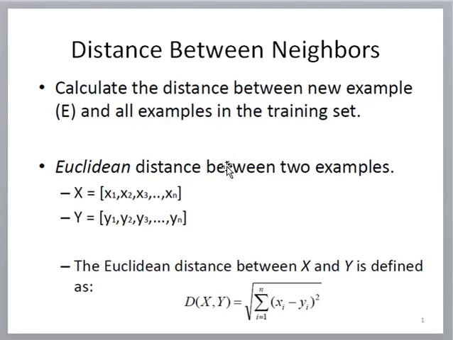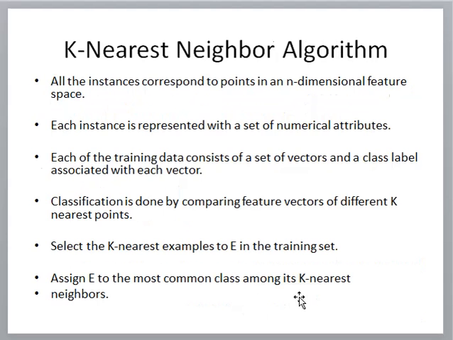For two instances x and y, the distance measure can be represented by this equation here. Now let's have a detailed look at the steps of the k nearest neighbors algorithm.